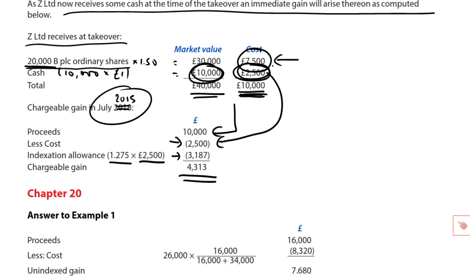Because those principles, if you know them from chapter 12 and when we looked at CGT, those principles haven't changed. We use the same principles in chapter 20. The only new thing we have to deal with is the availability of indexation allowance. But I'll expect that you do know the principles. Those have been already taught to you back in chapter 12, so make sure you revise that before moving on, please, to the next chapter.